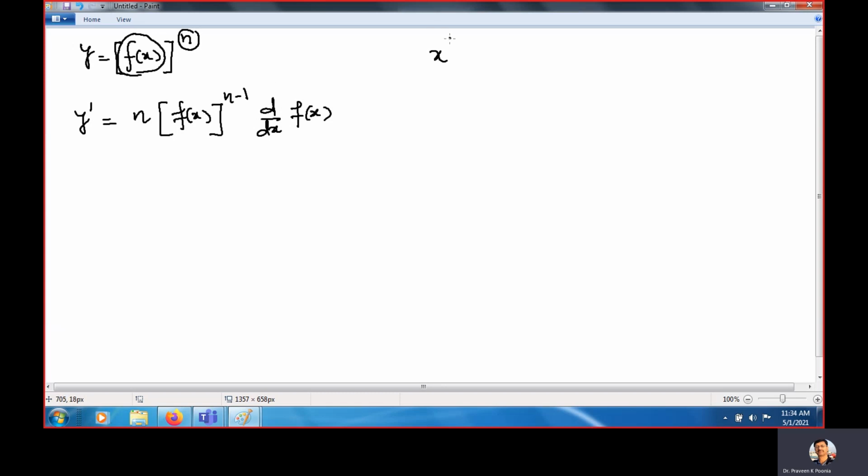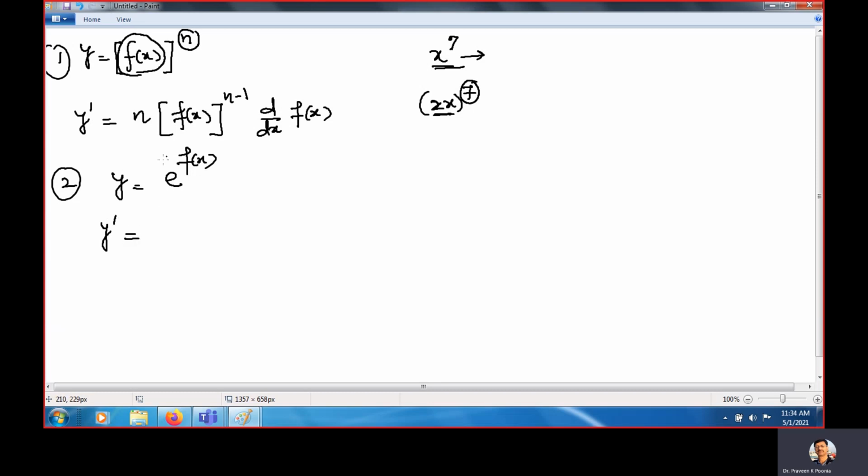If x power 7 is written, no problem. You can directly differentiate it. But if (2x) power 7 is written, then first you need to differentiate the power, then you differentiate the 2x, whatever is written. Similarly, this is number 1. Number 2, if y is equal to e power f(x), so what will be y dash?